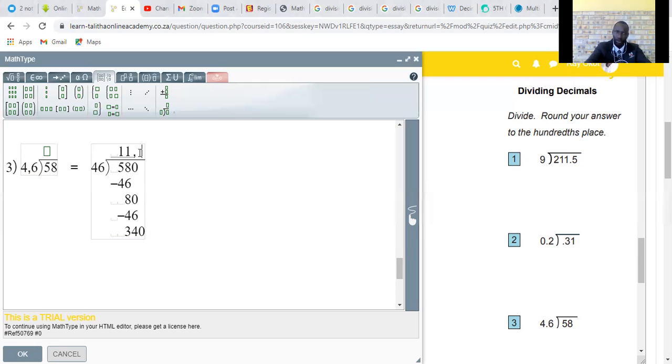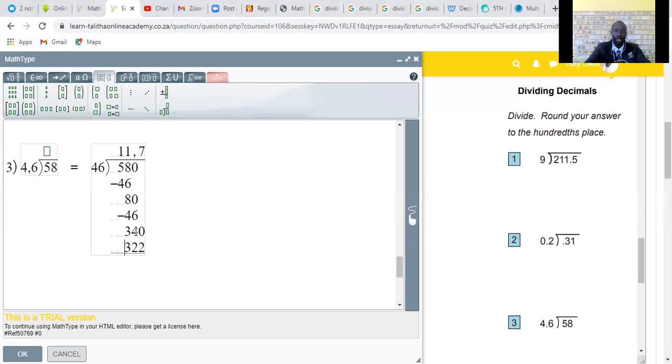So we have it there. Now, 7 times 46, we want to check. 46 times 7 will give us 322. So we have 322.